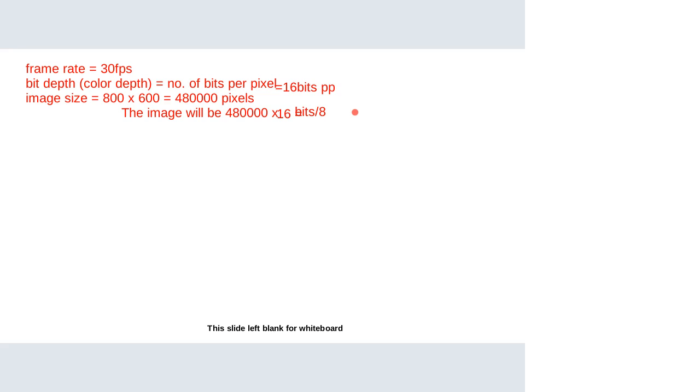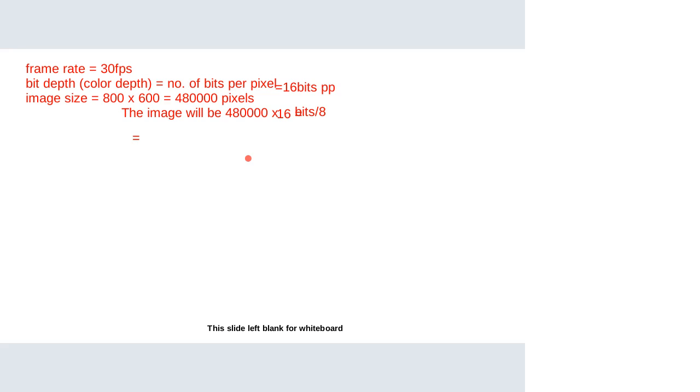Divide by 8 so that you stop talking about bits and talk in terms of bytes. 16 divided by 8 is 2.